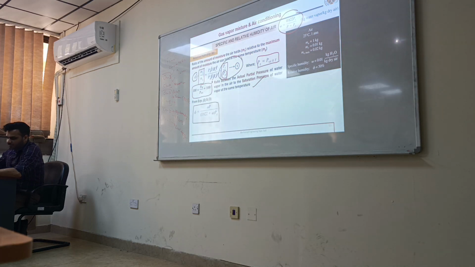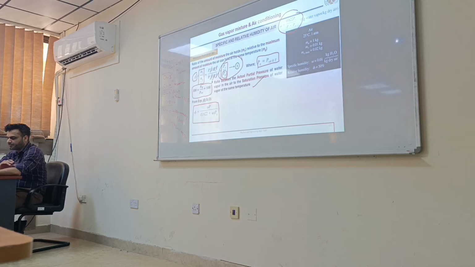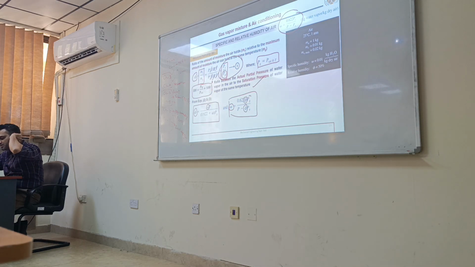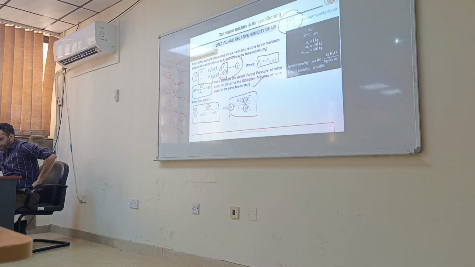We did this derivation in Thermo 2, so I will not do it here. So here is relative humidity in terms of specific humidity. Or we can also write the same equation, specific humidity in terms of relative humidity. Now, what is P, Pg? Hopefully, it's clear.